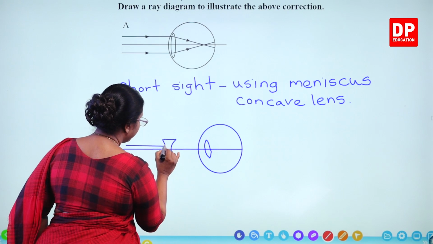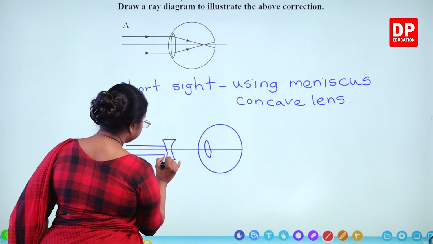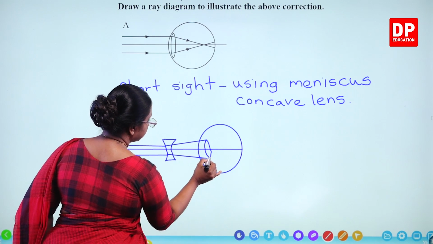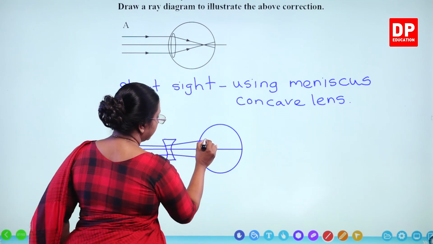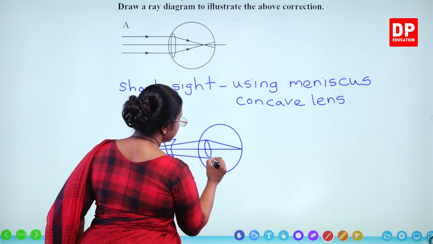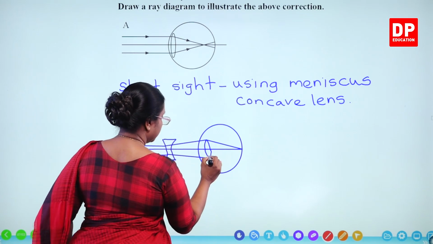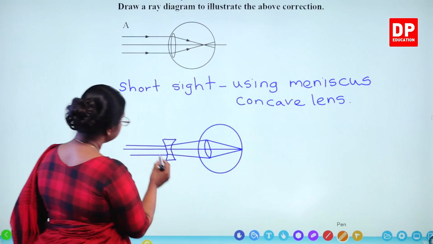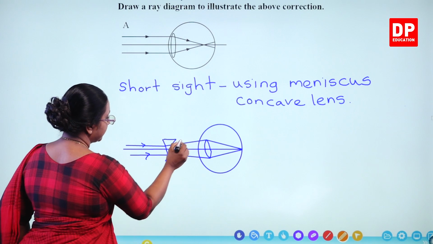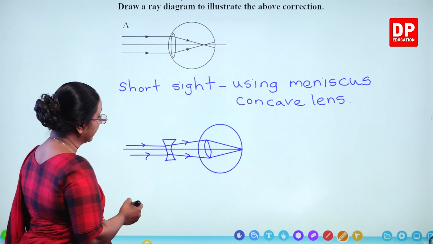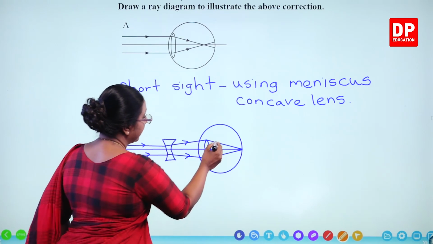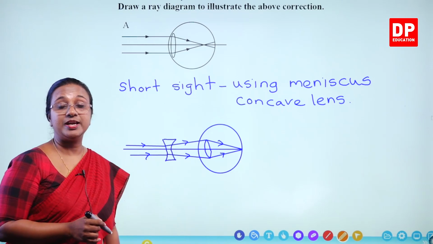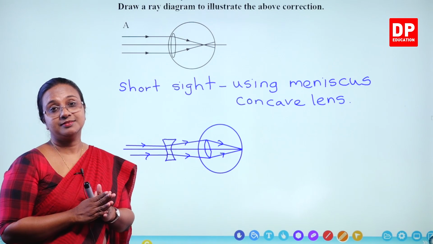The rays have to be parallel. They get diverged and fall on the lens. Again they get converged onto the retina. So these rays are refracted away, that is diverged, and then again they get converged. So this is how we correct short sight.